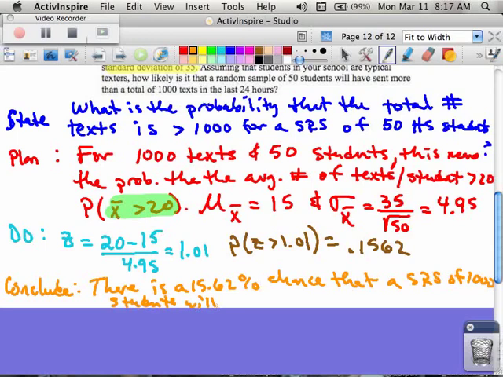Sorry, I wrote down 1,000 students, and I meant 50. Will send in 1,000 texts per day.